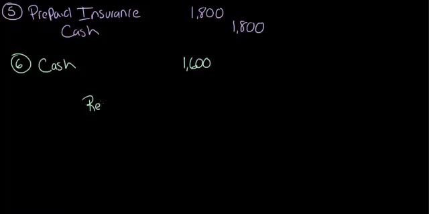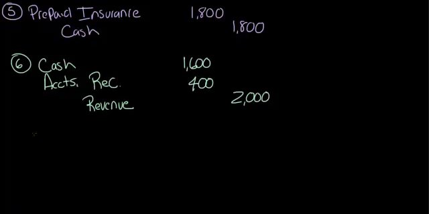BTab had done $2,000 worth of services, so we're going to credit revenues for $2,000. The amount that's left over, we're going to debit is accounts receivable. So a lot of times when you're doing journal entries, it's always important to write down what you know and then backfill that number that you don't know to make the debits and the credits balance.